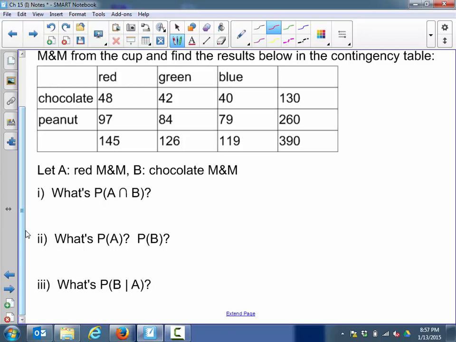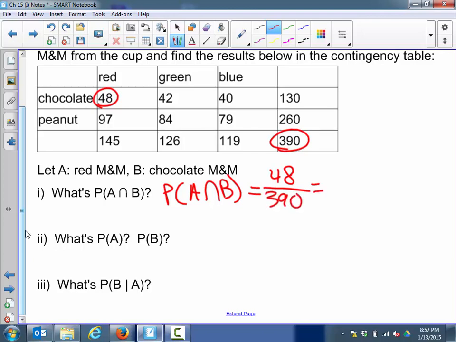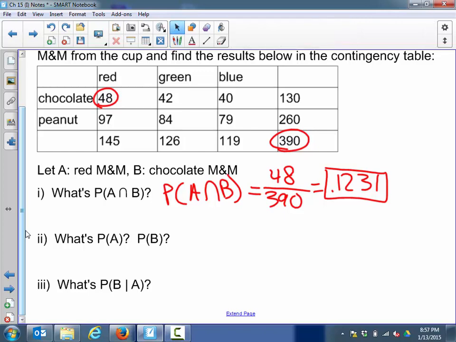Well, you can answer that by doing the following. There are a total of 48 red chocolate M&Ms, and we know there are 390 total M&Ms in the cup, so there must be 12.31% of the M&Ms satisfying both conditions.